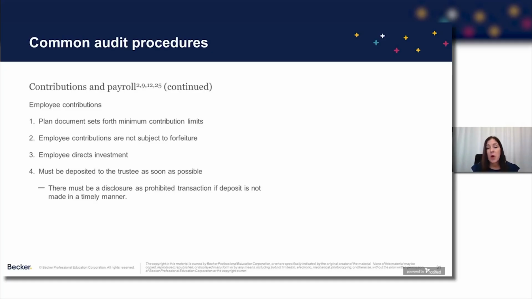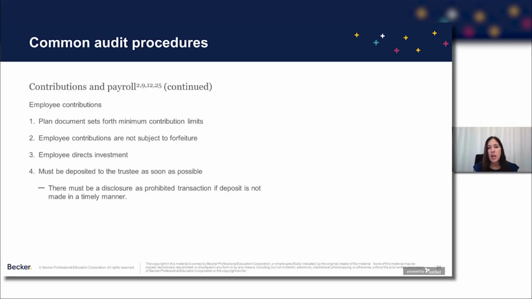The plan document will also specify whether the investments are participant directed or non-participant directed. So if they are participant directed, then the employee gets to direct how they want their contributions allocated across the different investment options.